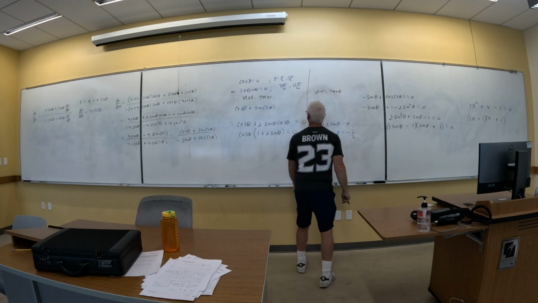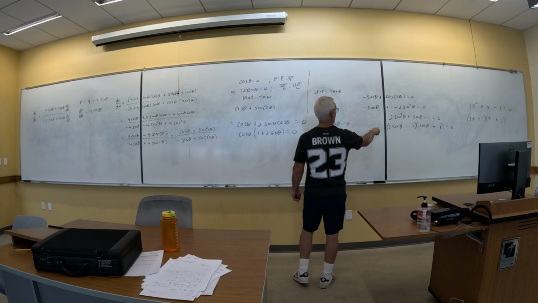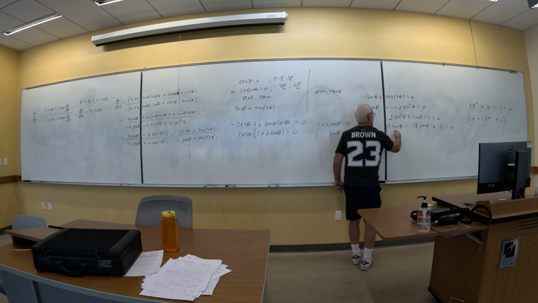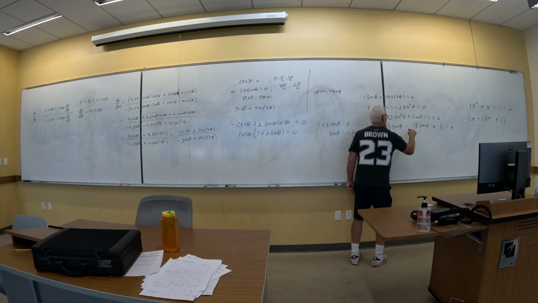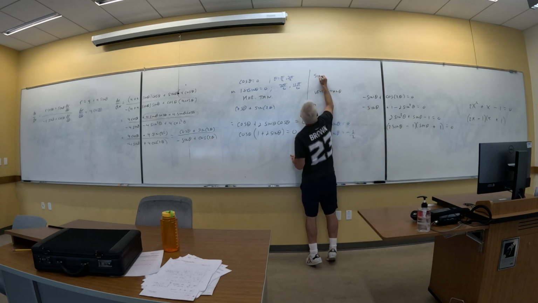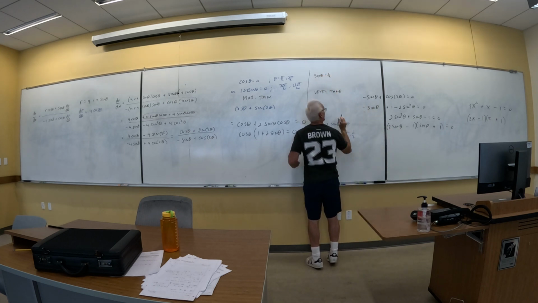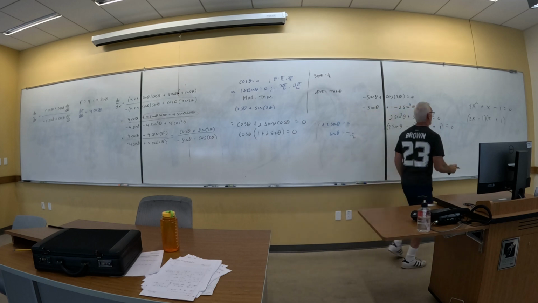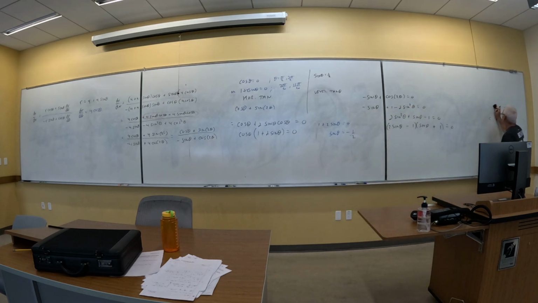Two sine theta equals one. So the first one, I need sine theta to equal a half. Now, this is where it's always a good idea to draw your unit circle. We did one like this just a moment ago. I want the sine of theta to be positive a half, which will happen here and here.